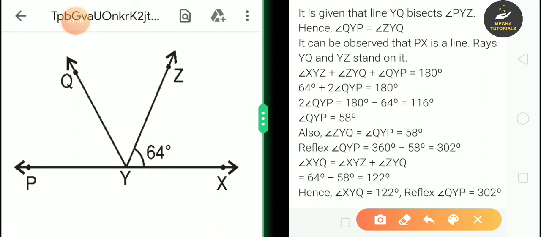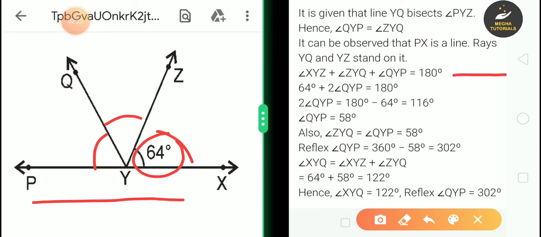Then we can say that line PX is a straight line. It means the sum of angles on a straight line is 180 degrees. Therefore, we can write angle XYZ plus angle ZYQ plus angle QYP is equal to 180 degrees. It is given that angle XYZ is equal to 64 degrees.